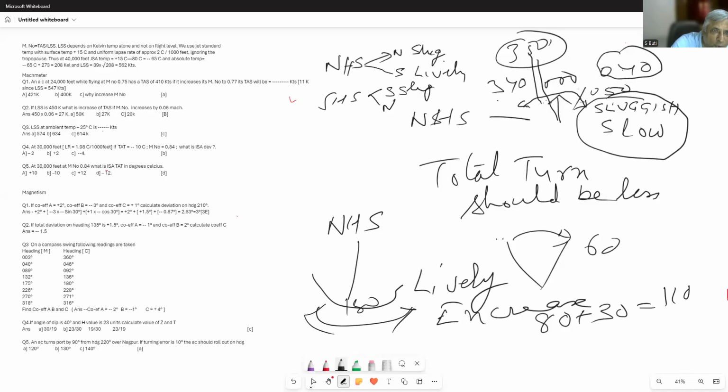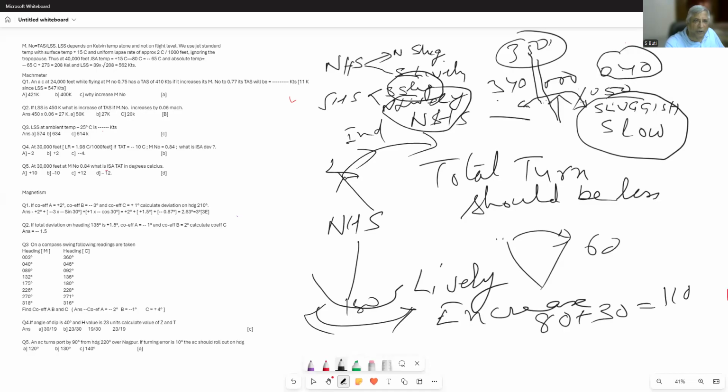And turning through north, compass will be lively. Whenever compass is lively, increase your amount of turn. Compass is sluggish, reduce your amount of turn, and then find out what is the total turn and apply it to your starting heading. From where are you starting? Remember, when you're turning right, readings will increase, and when you're turning left, compass readings will decrease.